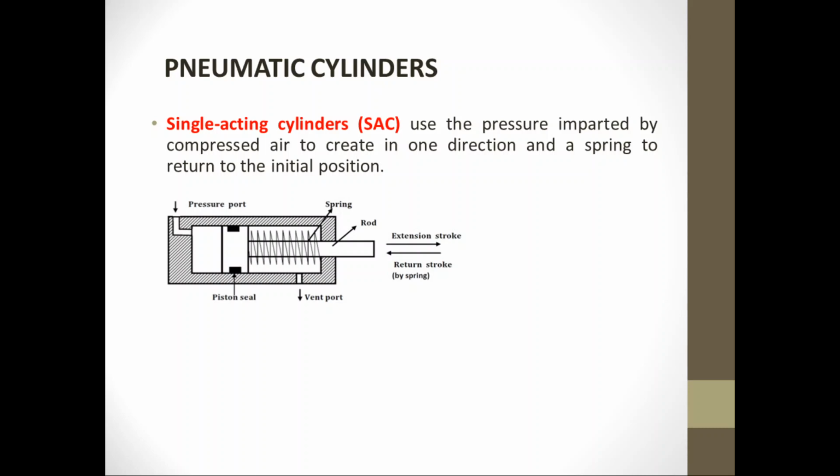The single acting cylinder actually uses air in order for the piston rod to move forward or to be extended. However, for the piston rod to return to its initial position, it uses the force of the spring.